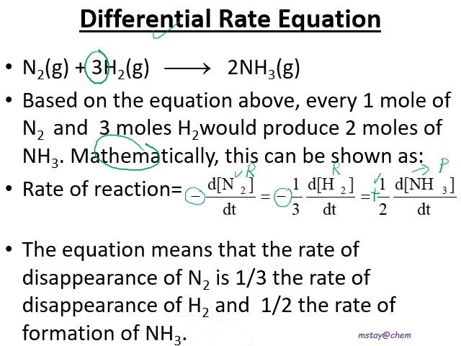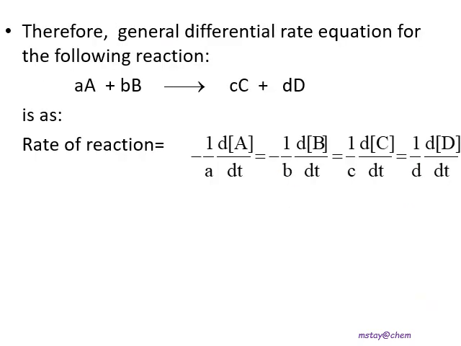So in simple words, negative sign refers to the reactant, positive sign refers to the product. This number over here basically refers to the coefficient in the balanced chemical equation. Let's repeat again how we are going to write the differential rate equation based on the chemical equation given. So this is a general reaction.